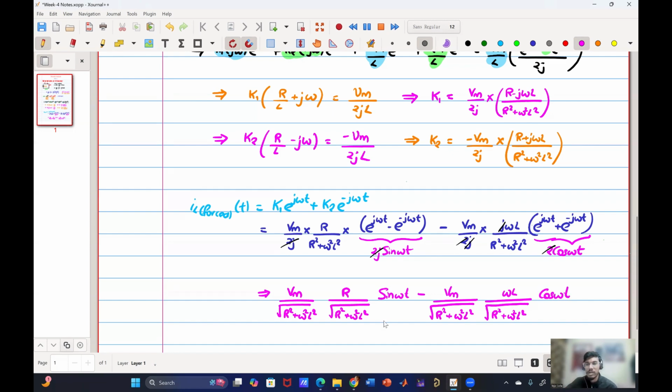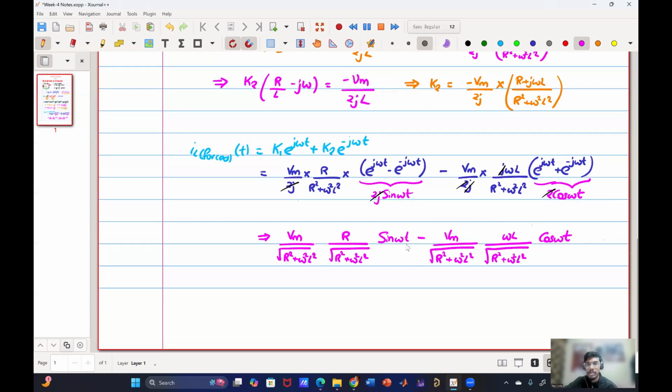So I have just multiplied the denominator, broke down the denominator into two parts. Why did I do that? Because now I can consider this as cos theta, and I can consider this as sin theta.